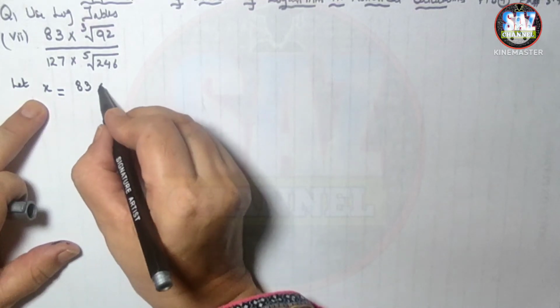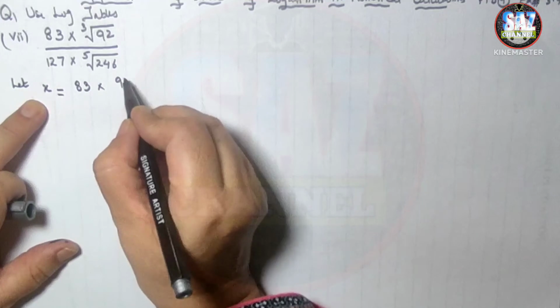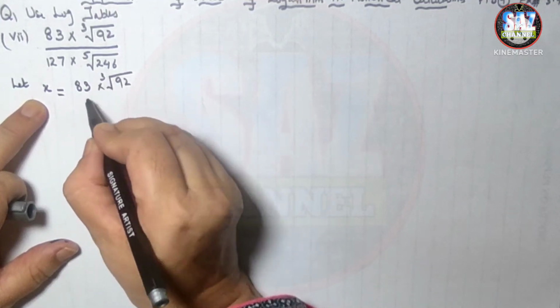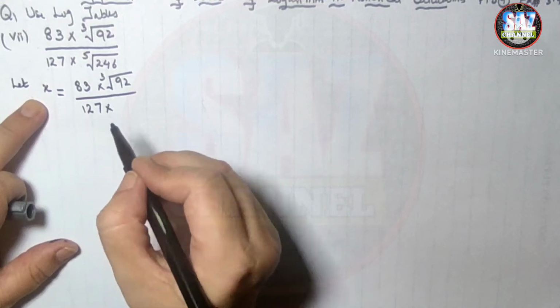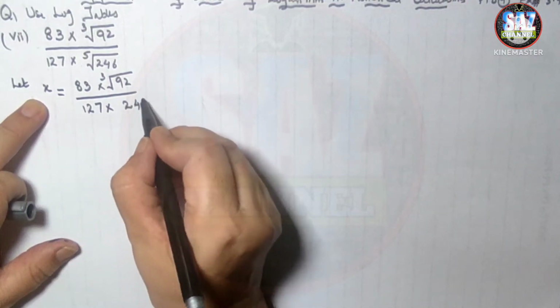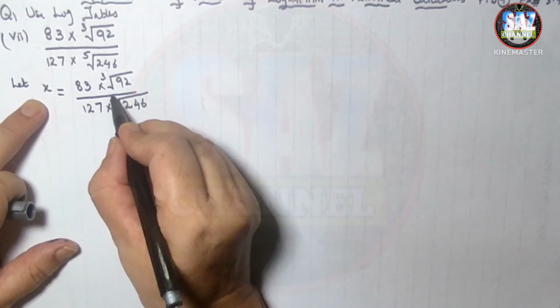x equals 83 multiplied by the cubic root of 92, upon 127 multiplied by the fifth root of 246.